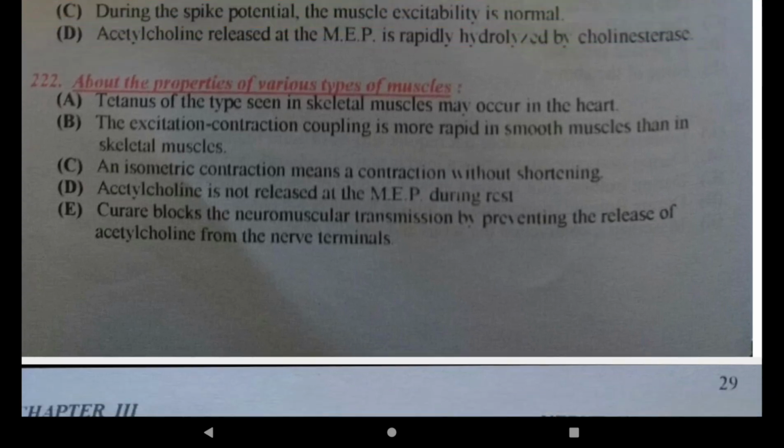D. Acetylcholine is not released at the MEP during rest. E. Urea blocks neuromuscular transmission by preventing release of acetylcholine from the terminal. We are looking out for the correct statement.